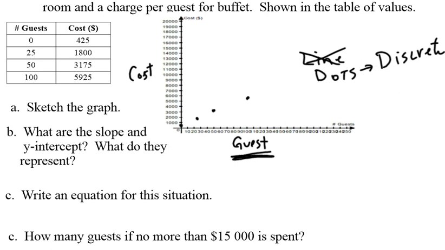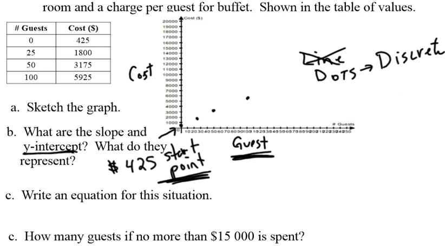Well, with that being said, what's the y-intercept? The y-intercept is $425. That's the start point, because at the starting point, they haven't done anything other than just started with that amount.